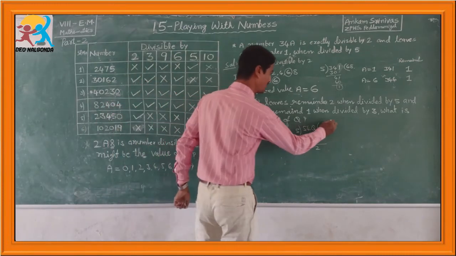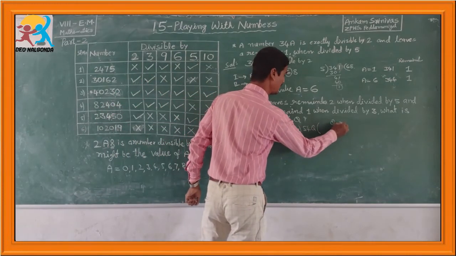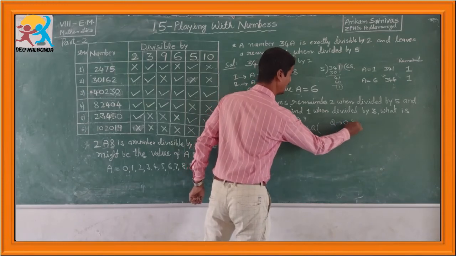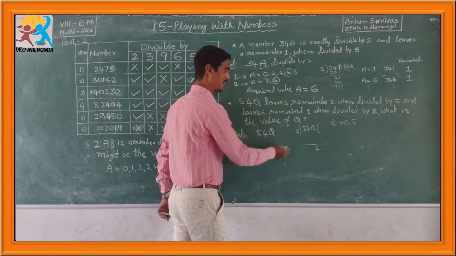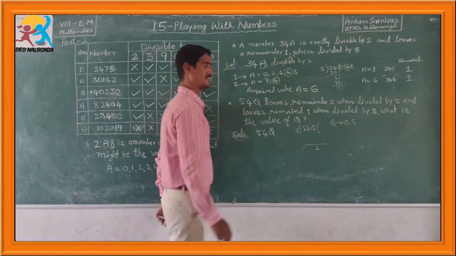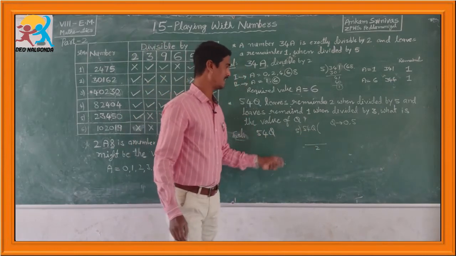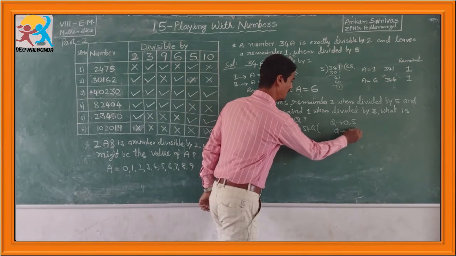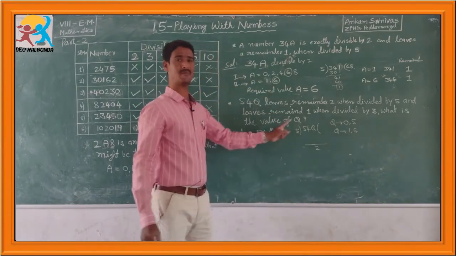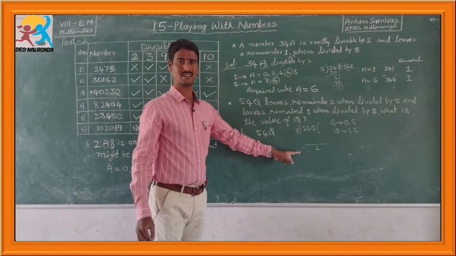If I take the Q value as 0 or 5, it is divisible by 5, so here we never get the 0. If I take Q equal to 1 or 6, the remainder becomes 1.